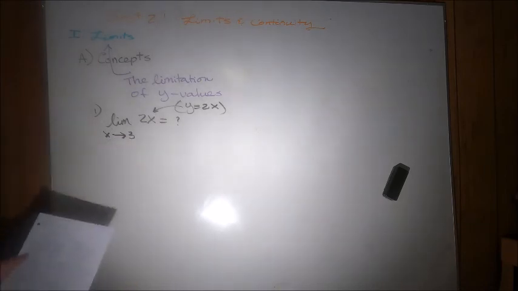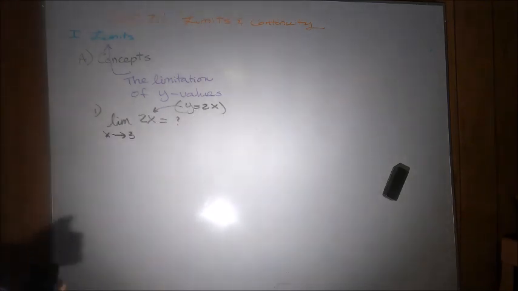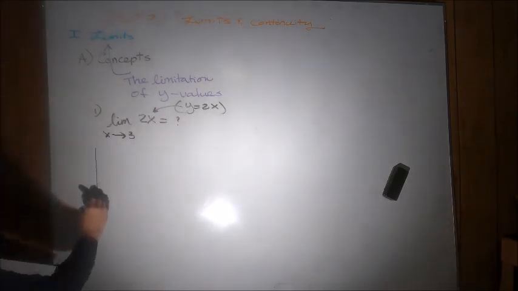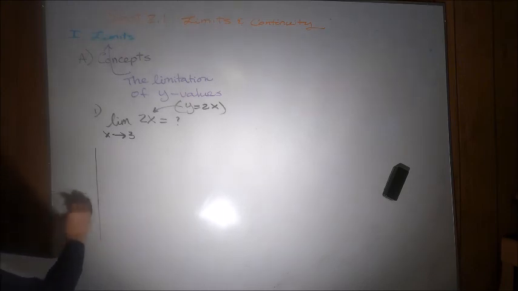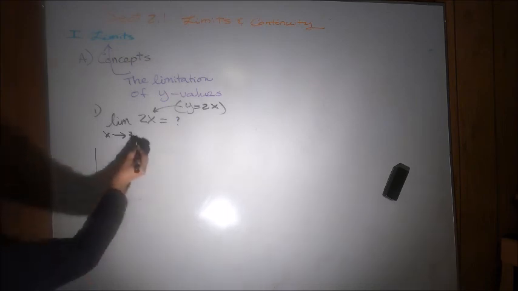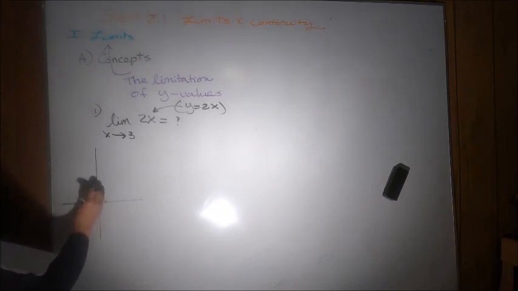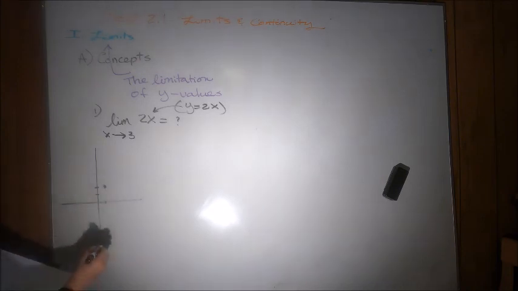So this one is what? x approaches 3. Because it's a line, let's start from the things you know. How do you graph the line? T-table, right? For this function, x is 1, y is 2, right?